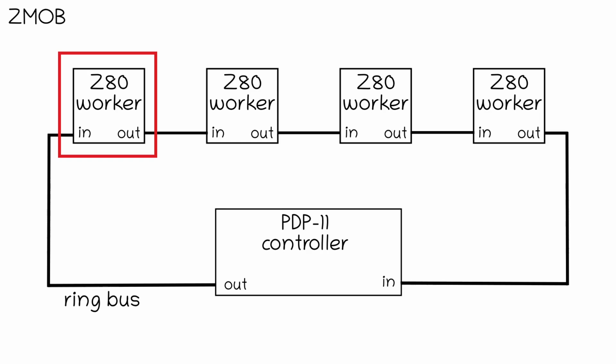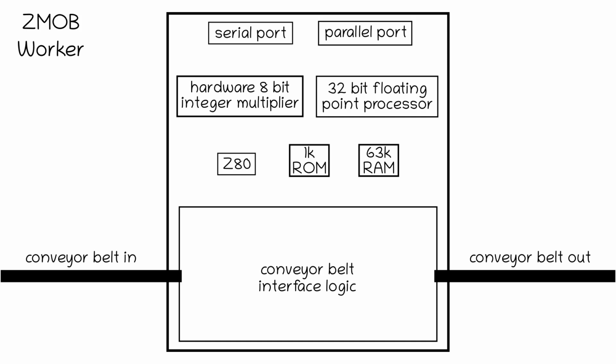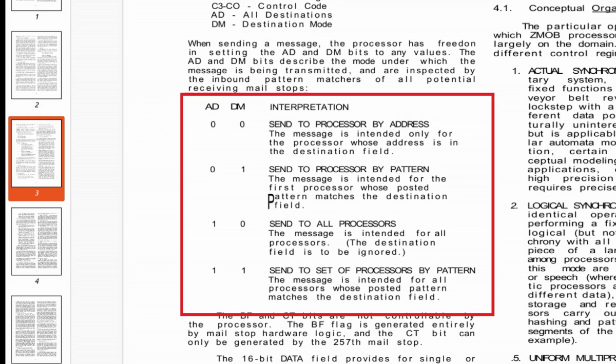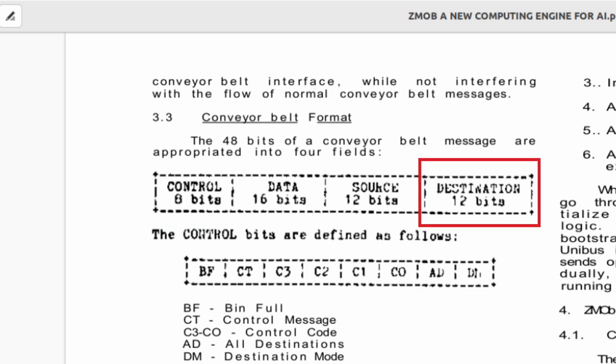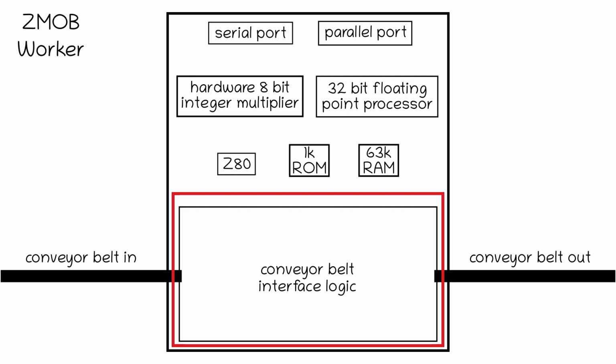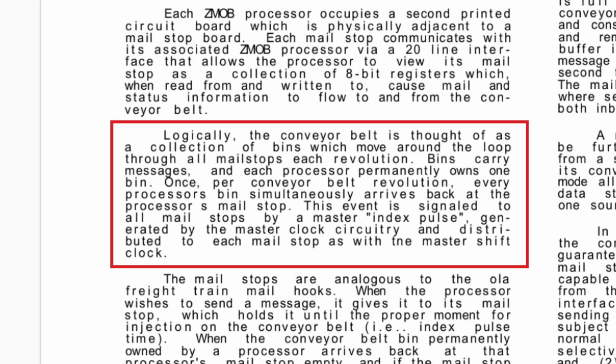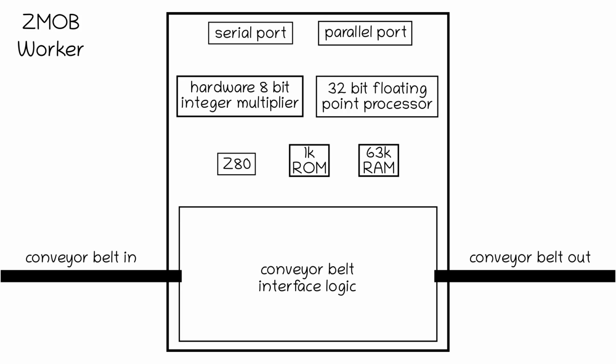Now, let's have a closer look at one of these computers. The biggest and most complicated bit of each computer is the conveyor belt interface logic. That's this big bit here. What that does is decode the incoming conveyor belt message and decide whether the message is intended for this computer. The conveyor belt interface logic also, at the right time, puts an outbound message onto the conveyor belt out.